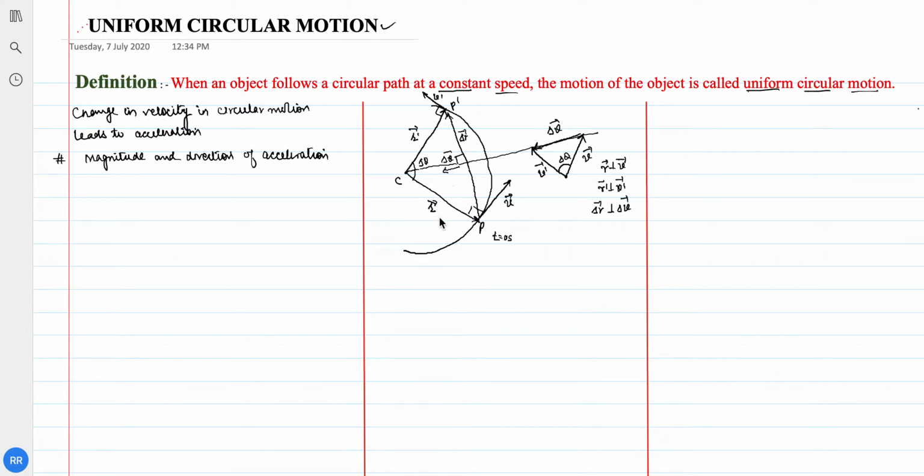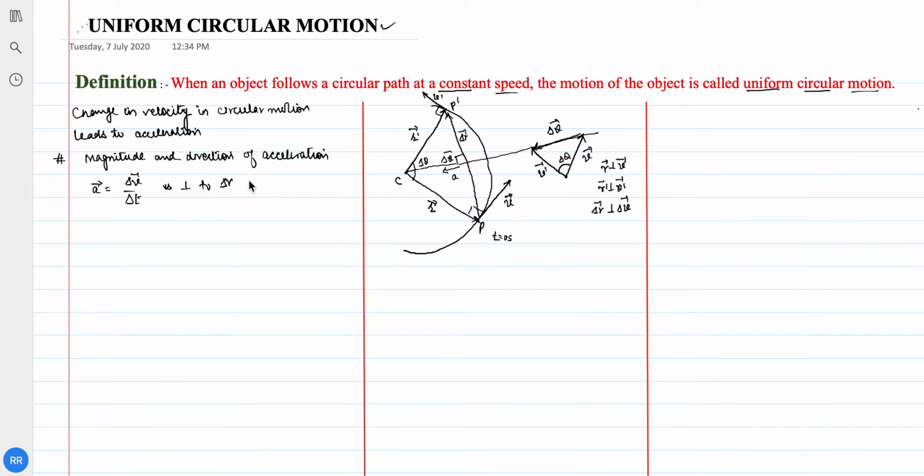Now if we have to define the average acceleration, average acceleration is defined by delta v over delta t. Now we can say this average acceleration is directed toward the center. Average acceleration is perpendicular to delta r.